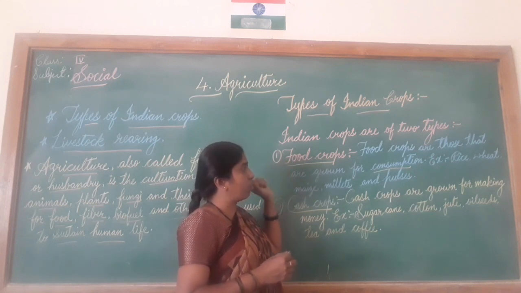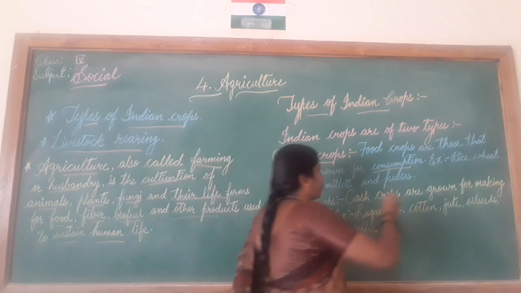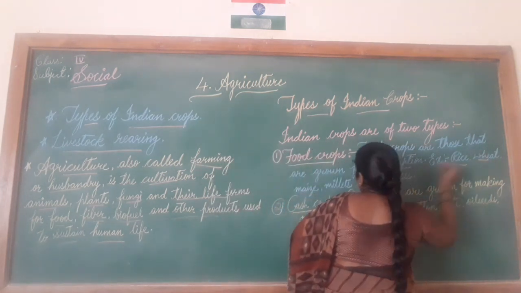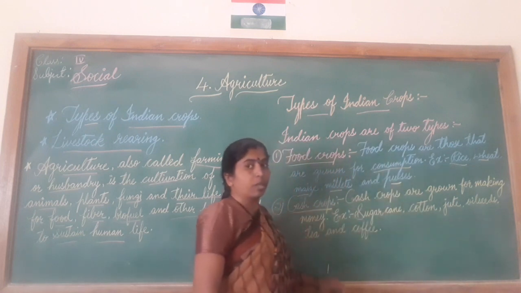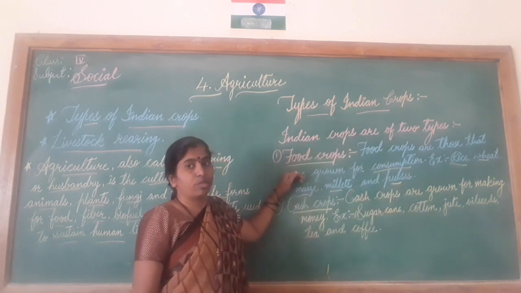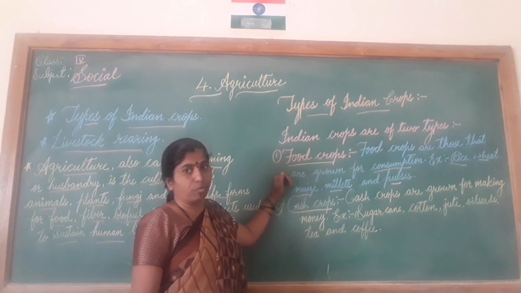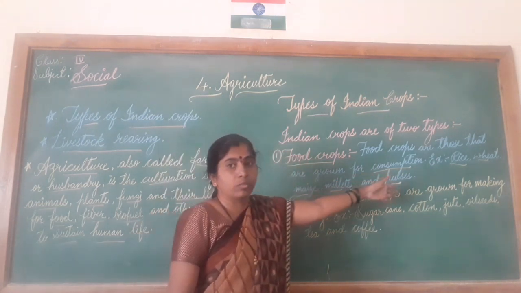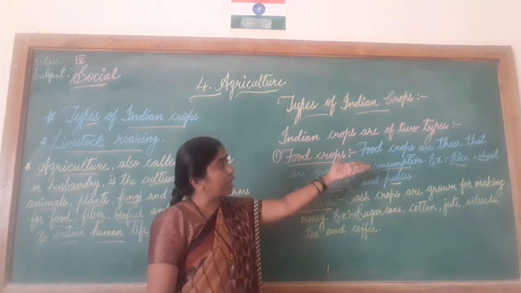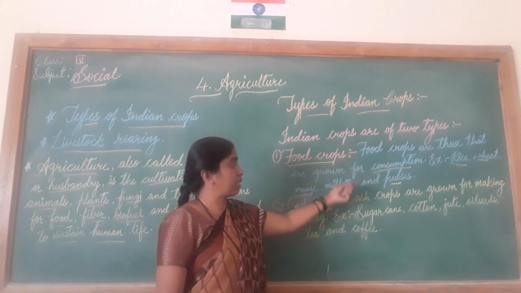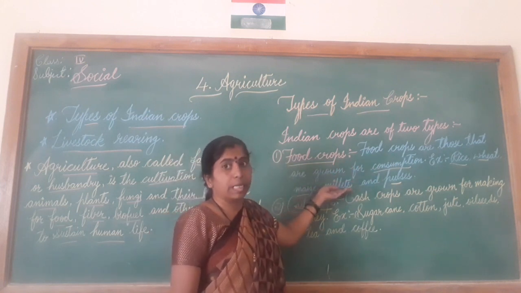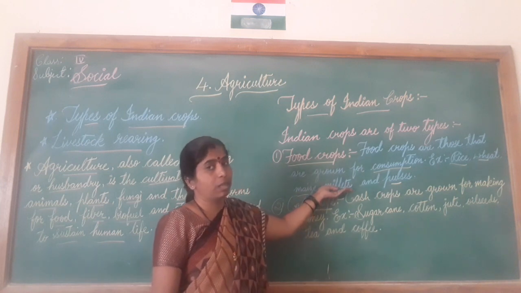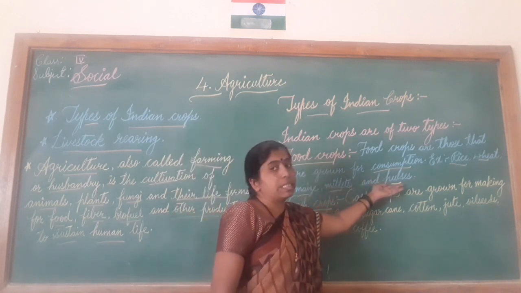The main food crops are rice, wheat, maize, millets and pulses. These are the food crops which we need in our daily life. Rice which your mother cooks, wheat which we make into chapati, maize, millets like bajra and jowar, and pulses.